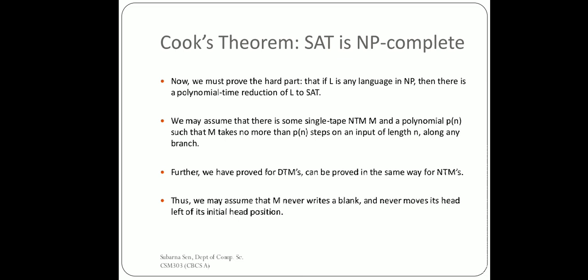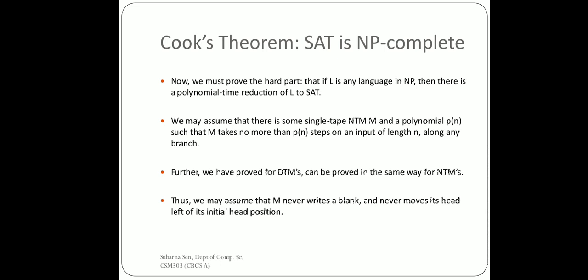So we have to find out how this can be reduced in polynomial time, meaning what the actual mapping is. The first property has been proven; if we can prove the second property, then we can say that SAT, the satisfiability problem, is NP-complete, right?